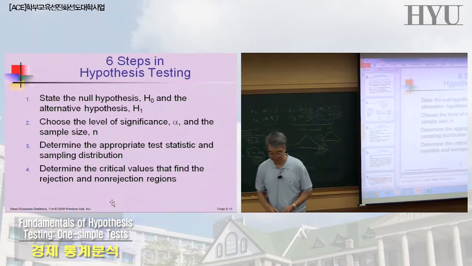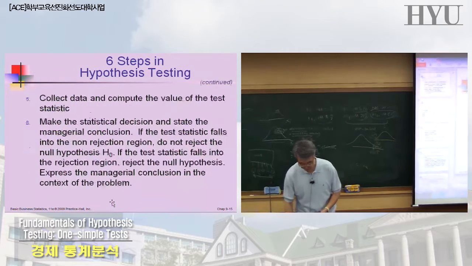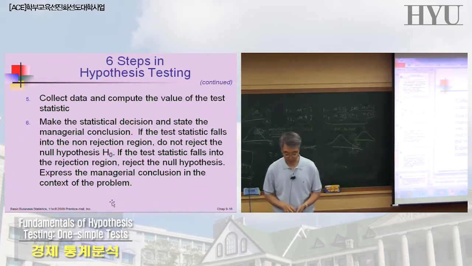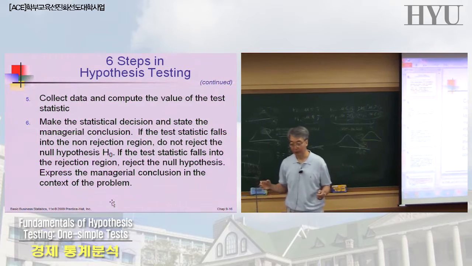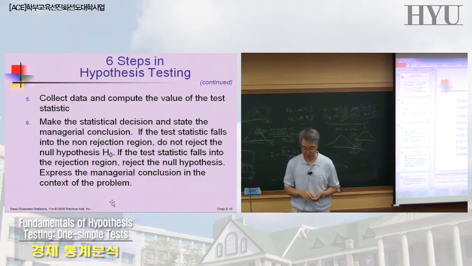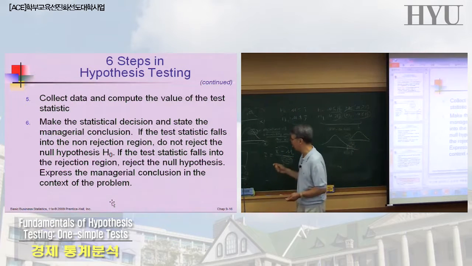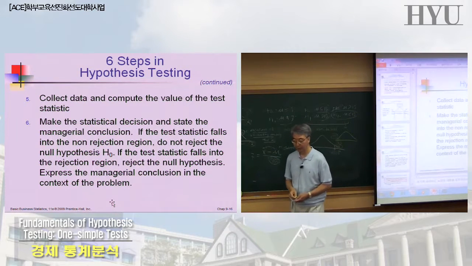So determine the critical value, find the rejection and non-rejection regions, and compute the test statistic. If the test statistic is outside the critical value, either positively or negatively, that means we have sufficient variation or deviation of our sample result from somebody's claim, and we can reject the null hypothesis.